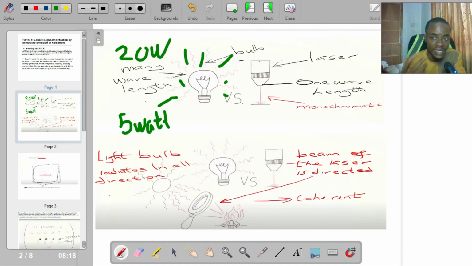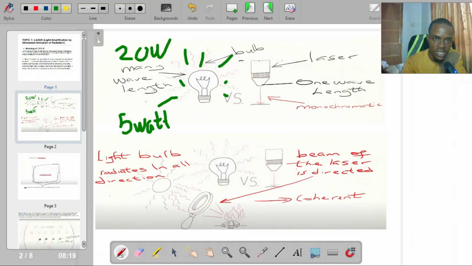That means the brightness, and that's the wavelength. The brightness will differ. If you are making use of a light bulb of 5 watts and one of 20 watts, there's going to be a huge difference. The area that the 5 watts will cover will be less compared to the wavelength of the 20 watt bulb.